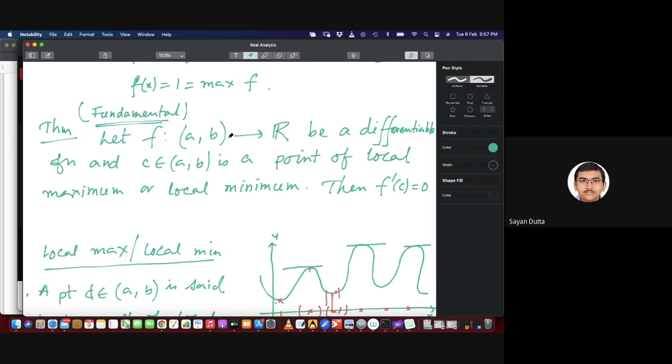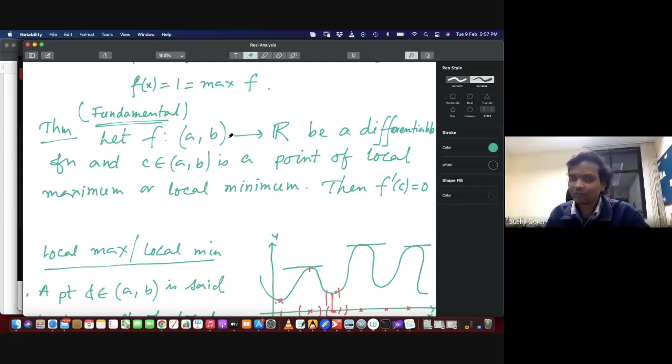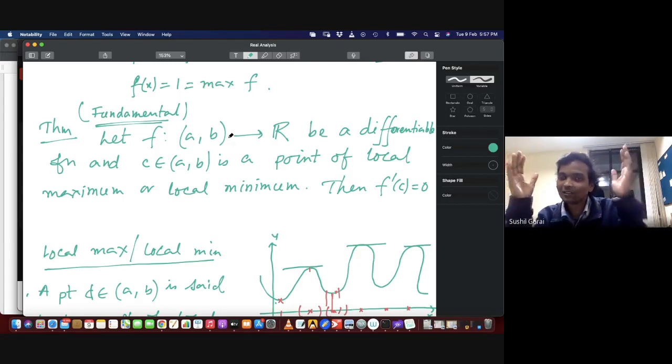Yes, so that's what I was saying. If we have such cases where the maximum is attained at an end point, then the derivative may not be 0 as well. So the function is not behaving, I mean, you cannot say the function has a maximum there. Your restricted function may have a maximum there, so you don't know at that point. Suppose it is increasing, like f(x) equal to x.